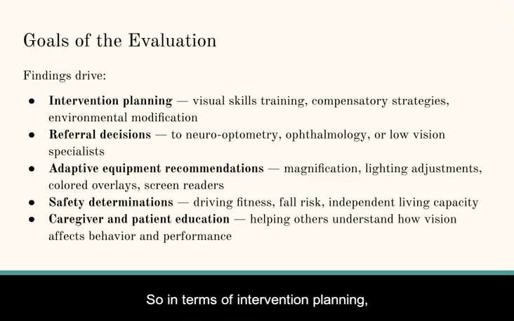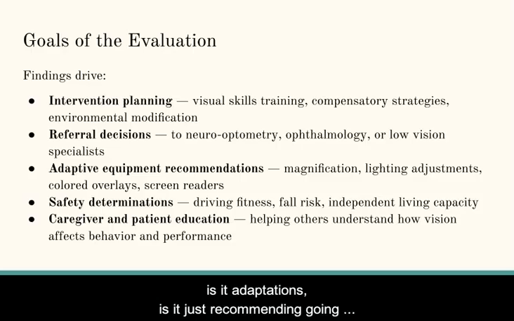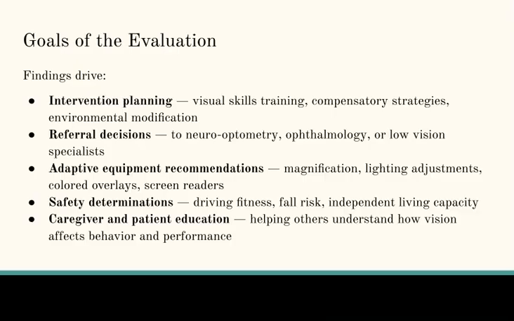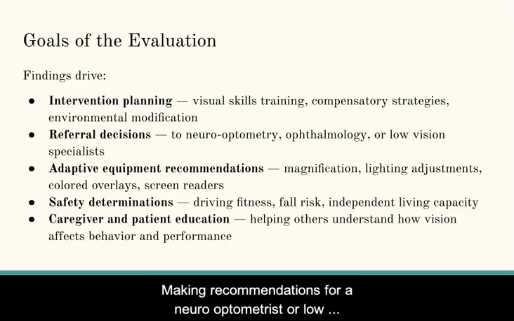So in terms of intervention planning, is it environmental modifications? Is it adaptations? Is it just recommending go to the eye doctor? Is it recommending that they have a follow-up because of their diabetic retinopathy? Making recommendations for a neuro-optometrist or low vision specialist.